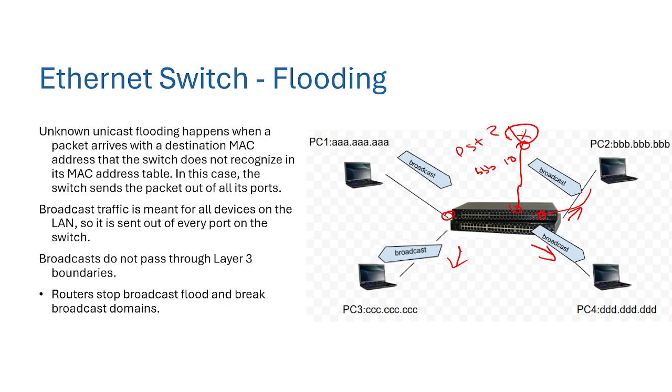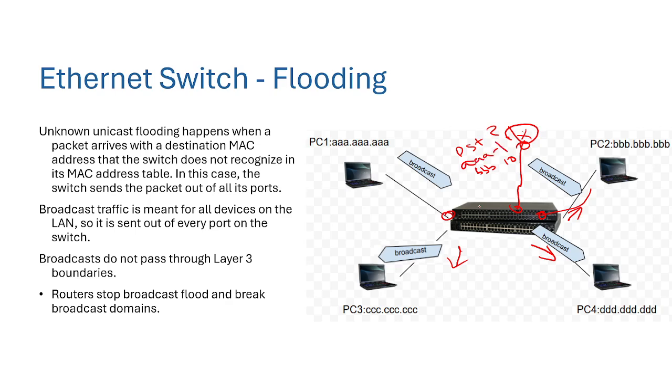Let me repeat again. When PC1 sends an ARP request to find PC2, the request arrives at switch 1 on port 1, and the switch does source MAC learning. It's always source MAC learning. So the source MAC AA on port 1 has been learned, and then it broadcasts the frame to all the ports.